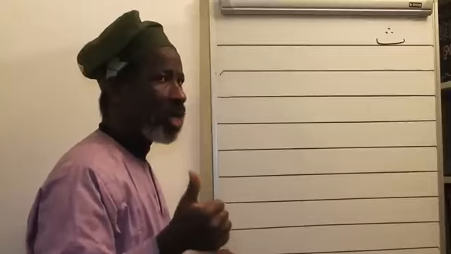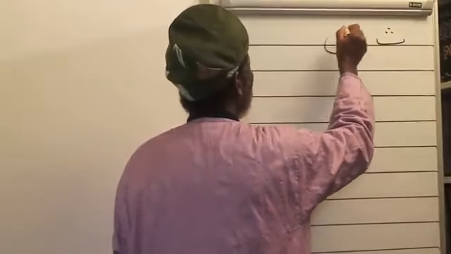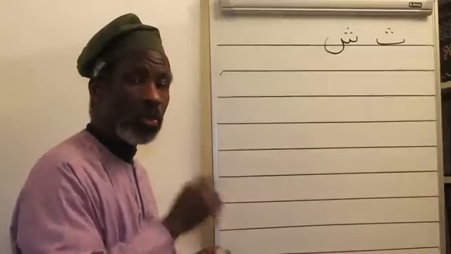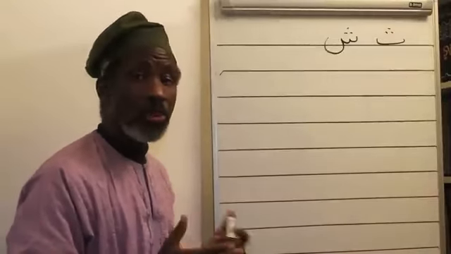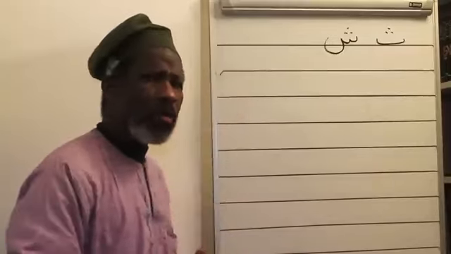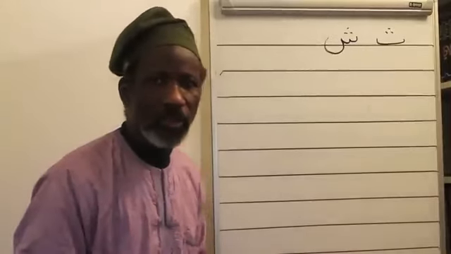Alif, ba, ta, tha, jim, ha, kha, dal, dhal, ra, zain, sin, shin. Shin is also three dots. There we are, only two letters in the Arabic alphabet with three dots above. Now, what about three dots below? No chance. None of them have three dots below.